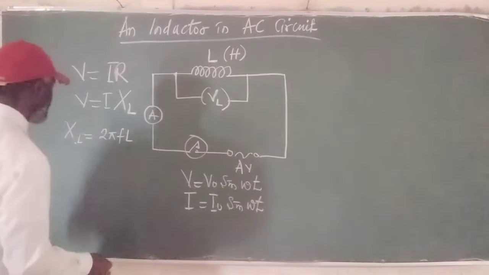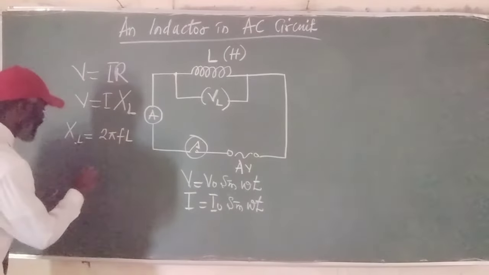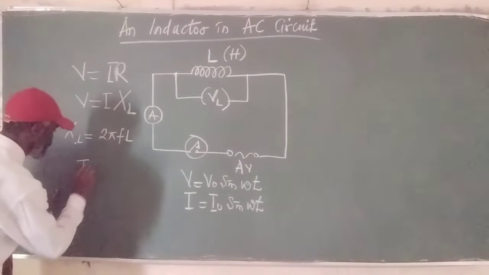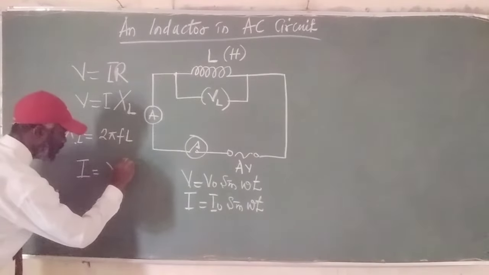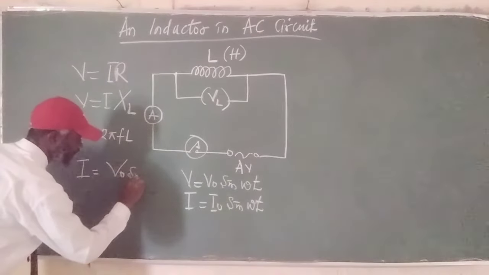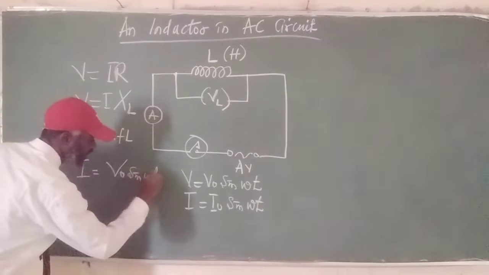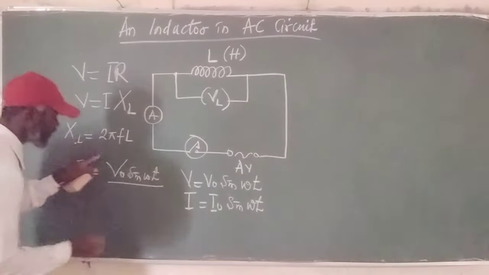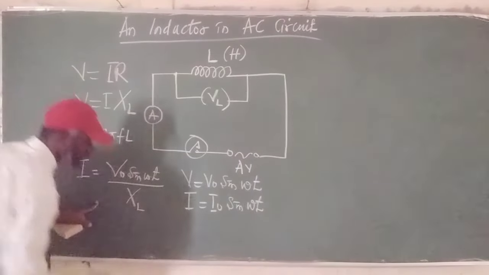Since we have found this, we can now state that the current flowing could be V naught sine omega t all over the inductive reactance.